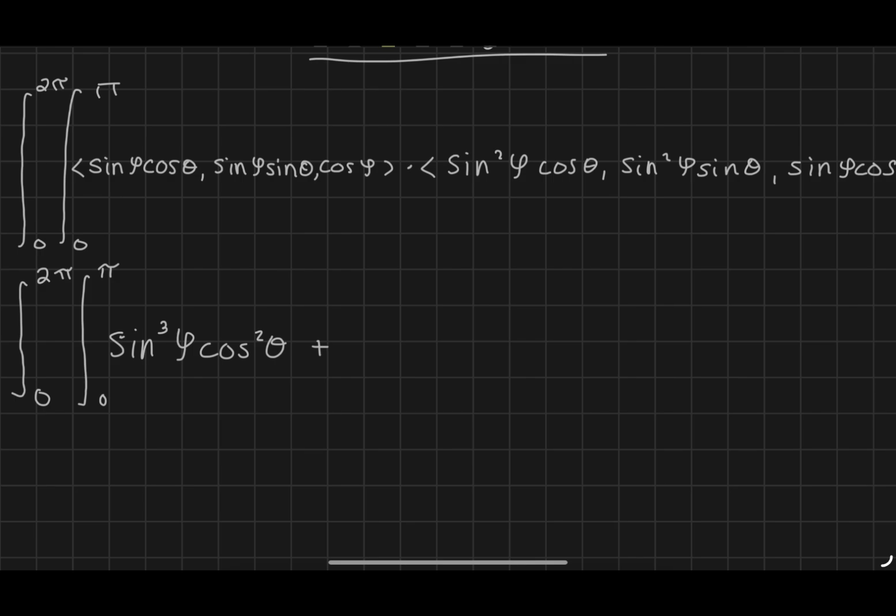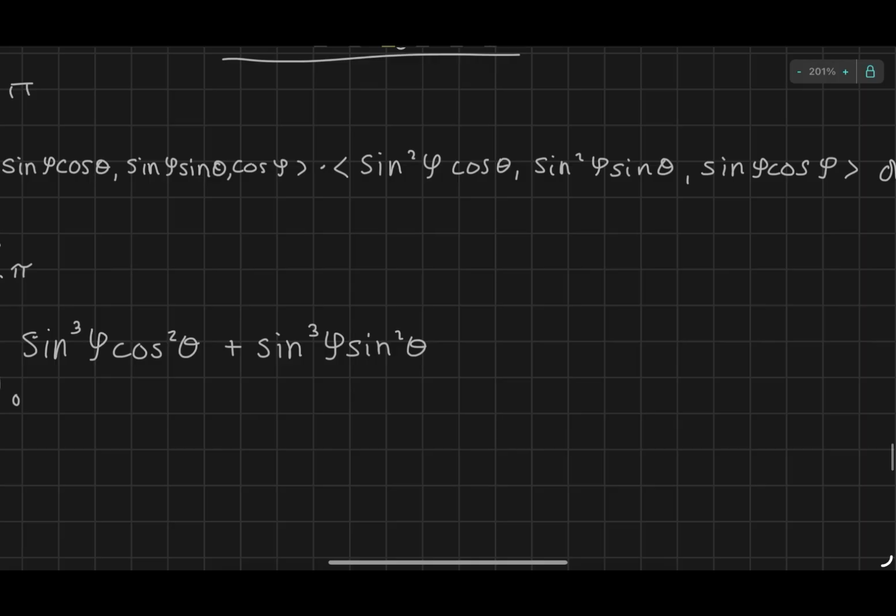Our second term is going to be sine phi sine theta times sine squared of phi sine theta. So that's going to be sine cubed of phi. And if you guys are seeing what I'm seeing here, looks like we can go ahead and do our favorite identity. I guess we'll save that for a little bit. And then we're going to have cosine phi times sine phi cosine phi. So it's going to be sine phi cosine squared of phi.